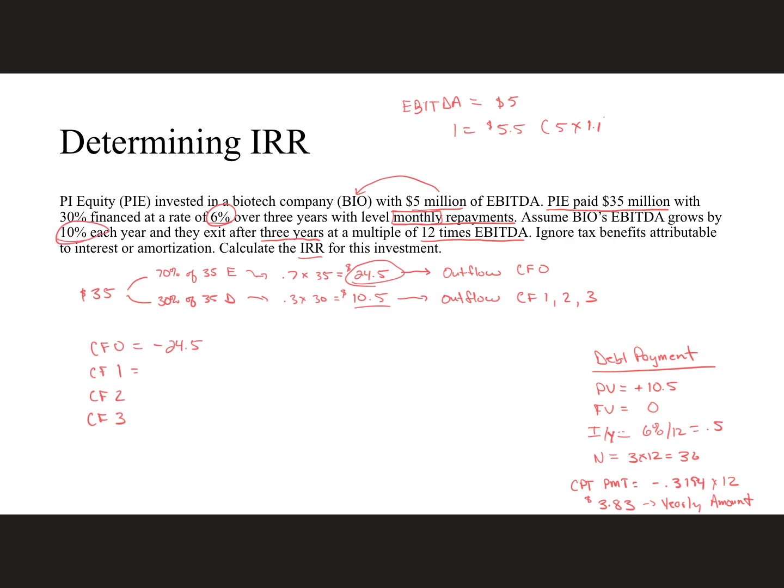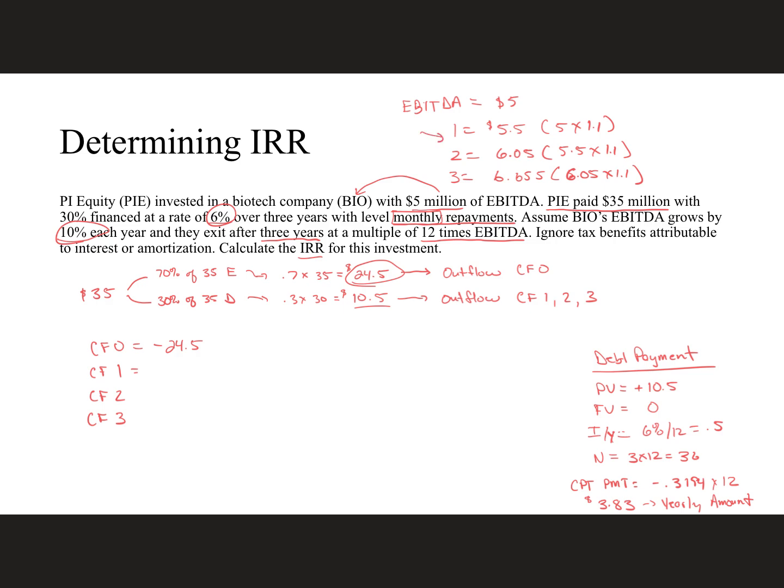In year two, we get to 6.05, which is 5.5 times 1.1. And in year three, we get to 6.655, which is 6.05 times 1.1. So these are going to be our EBITDA growth values.